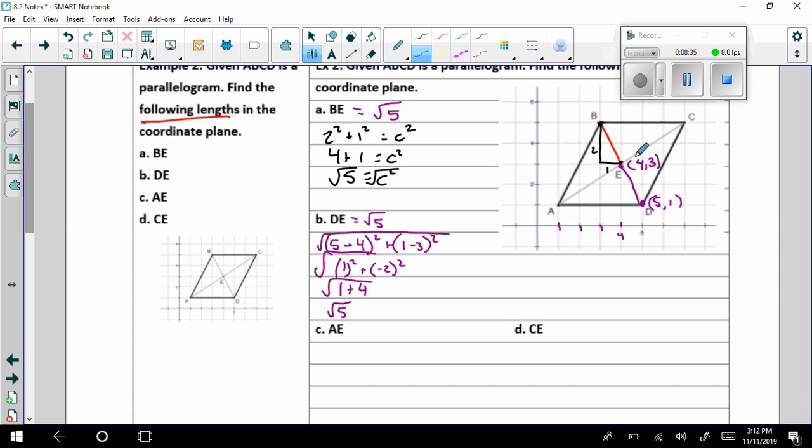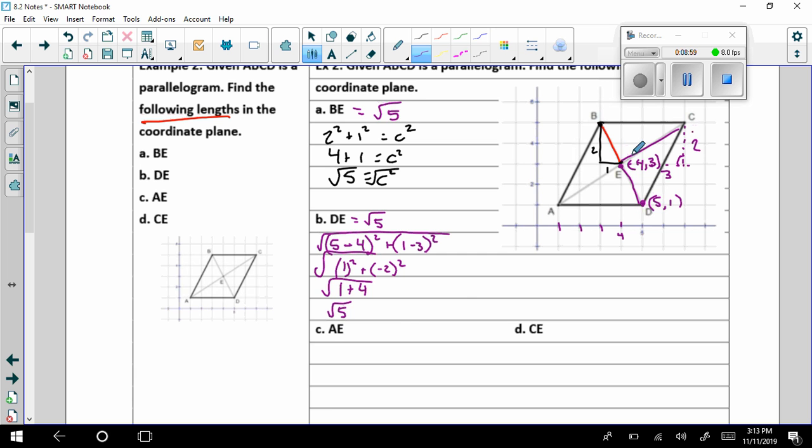Okay. CE, you can see it's the right triangle for this one would be here. And so we have, again, 3 this way and 2 this way. All right, so you have to make a right triangle using your diagonal as the hypotenuse.